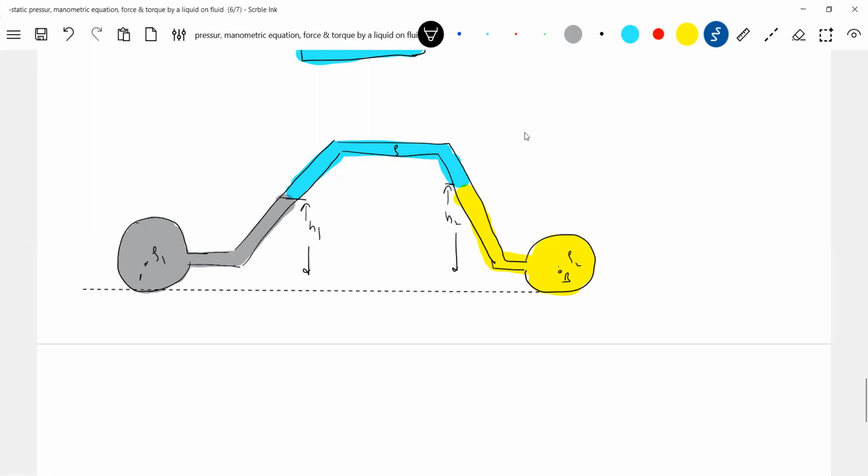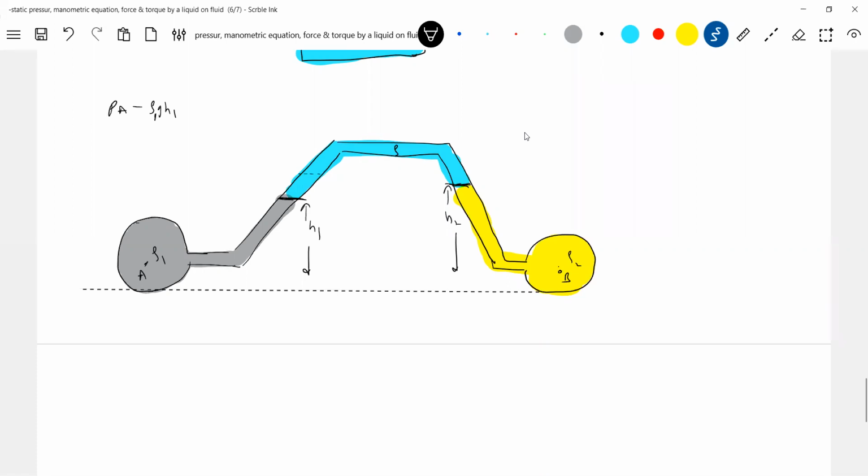I want the pressure difference between points A and B. So I'll move from A, pressure at A. Then I'll be moving up, here.